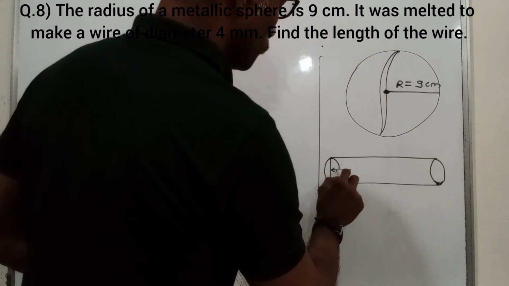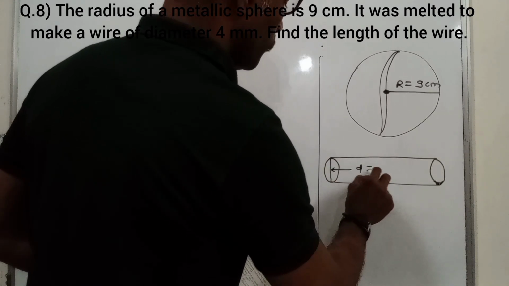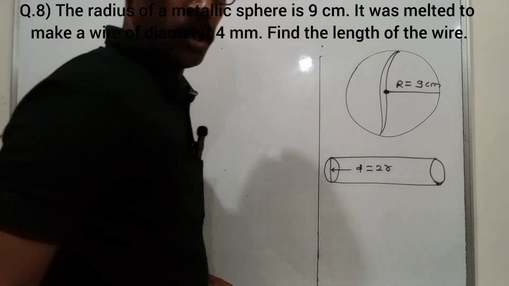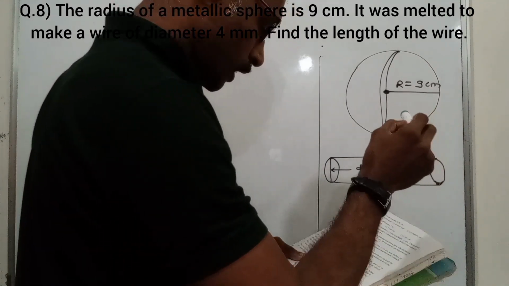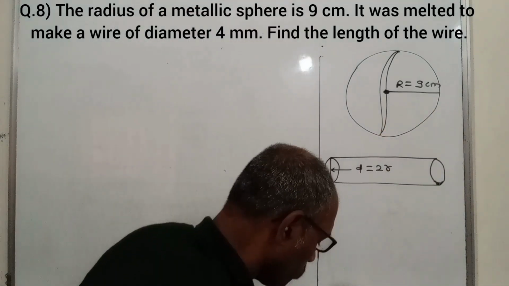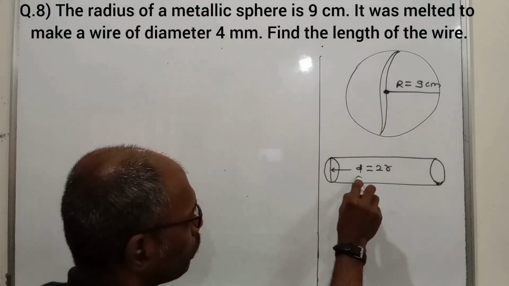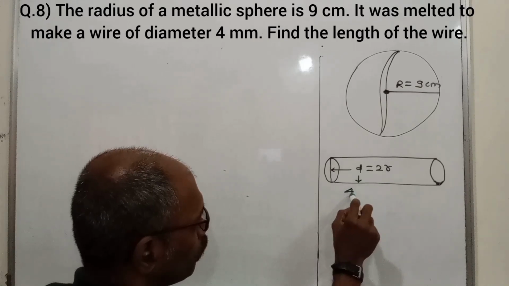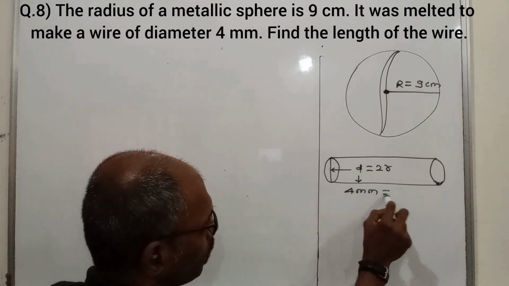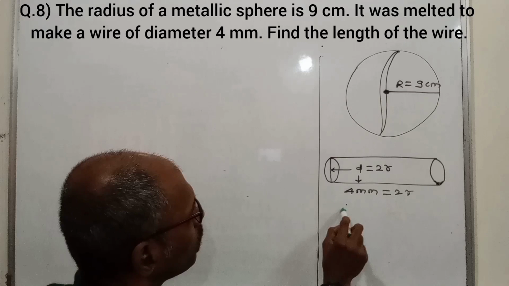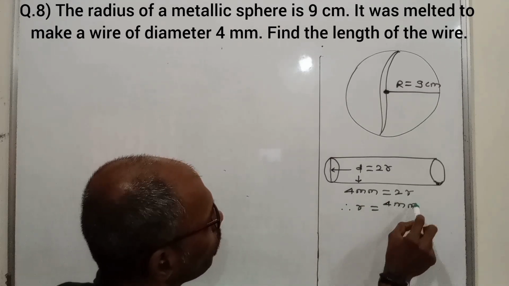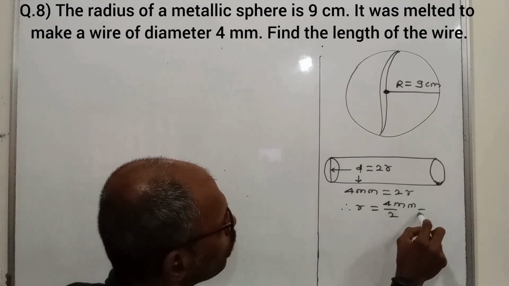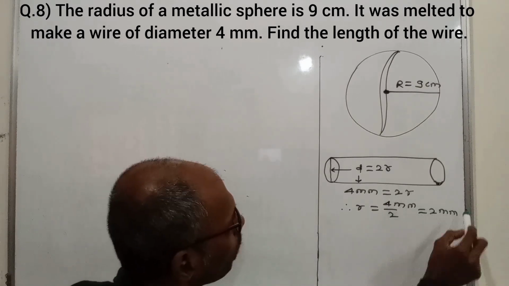This diameter, that is small d, is equal to 2 into radius. It was melted to make a wire of diameter 4 mm. This is 4 millimeter is equal to 2r. Therefore, r is equal to 4 mm upon 2 is equal to 2 mm.